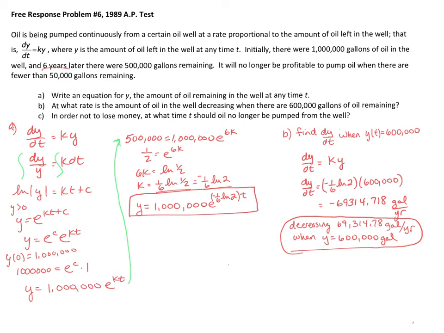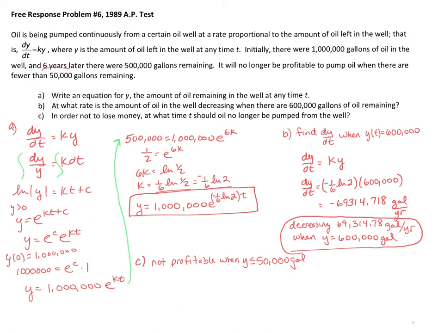So now we go to part C, and part C wants us to find at what time t oil should no longer be pumped from the well in order not to lose money. It told you in the problem that it's no longer profitable when there are less than 50,000 gallons remaining. So we know it's not profitable when y is less than or equal to 50,000.